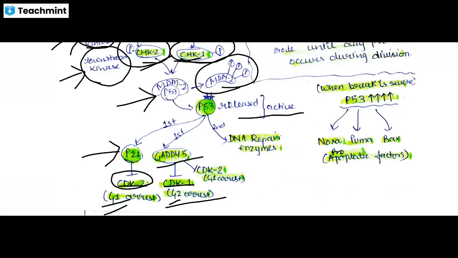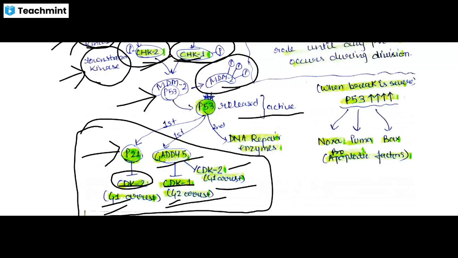And also it inhibits CDK2 and again G1 arrest. Basically, it is arresting the cell in the phase the cells are in right now. Okay, now it is stopping DNA damage. Now damage is stopped, then DNA repair enzymes come into action. DNA repair enzymes will then repair the damage and cells will further move forward.